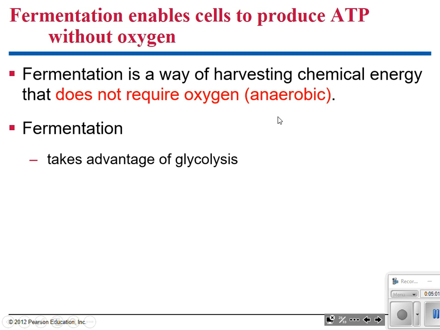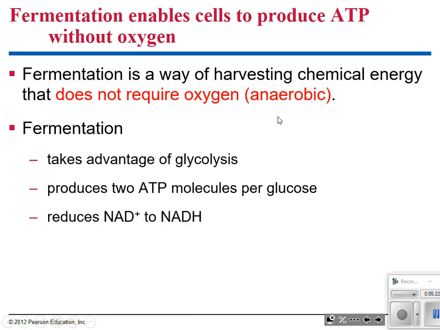Getting back to fermentation, it takes advantage of glycolysis. It produces 2 ATP per molecule of glucose. It also reduces NAD+ to NADH.